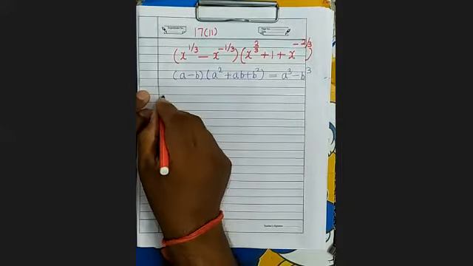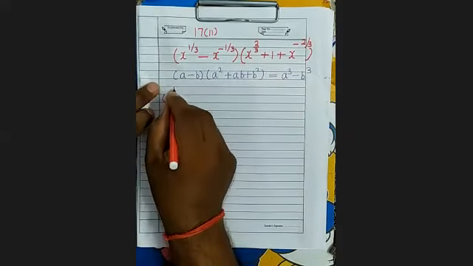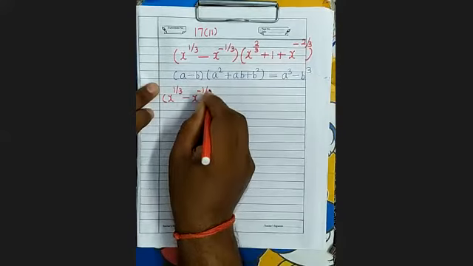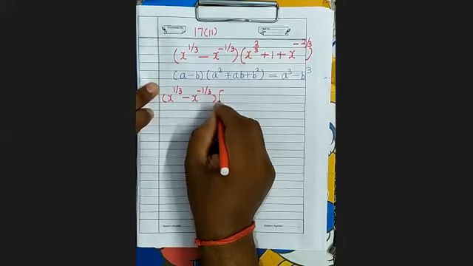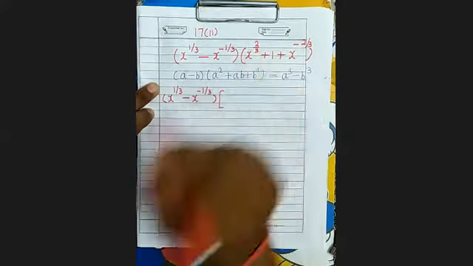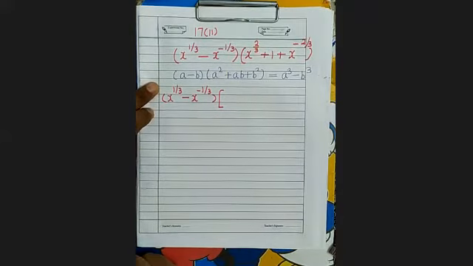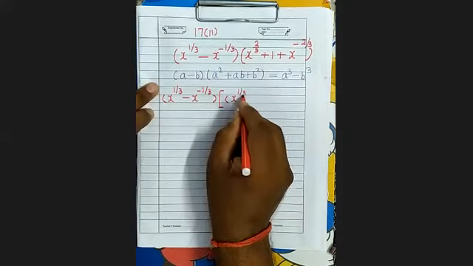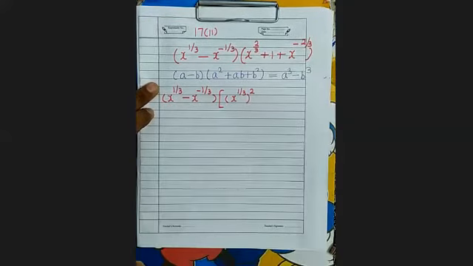So see here, it is x to the power 1 by 3. In the other bracket, x to the power 2 by 3 can be written as x to the power 1 by 3 whole square.